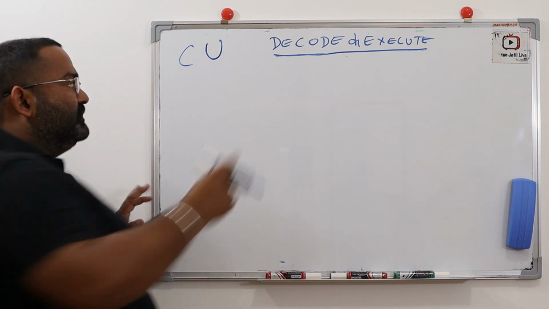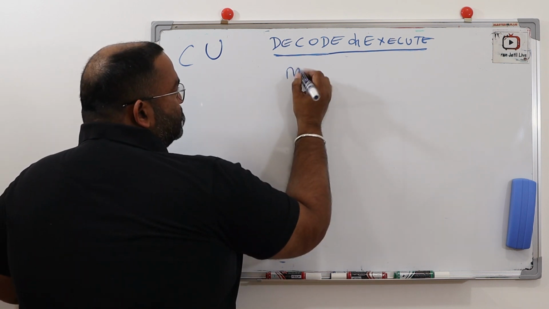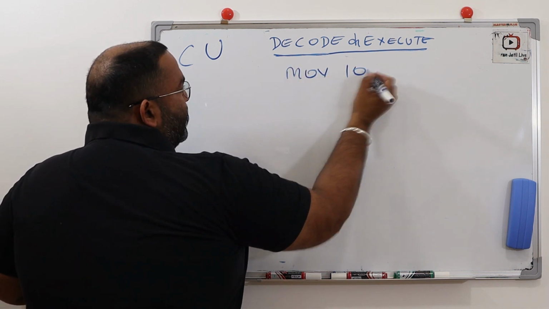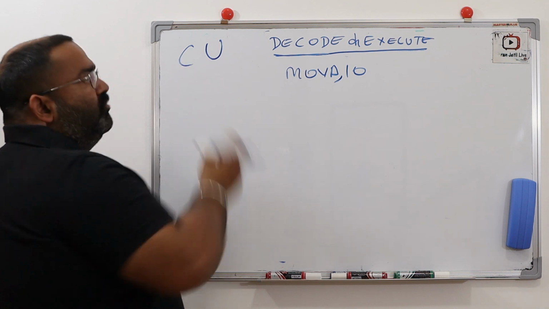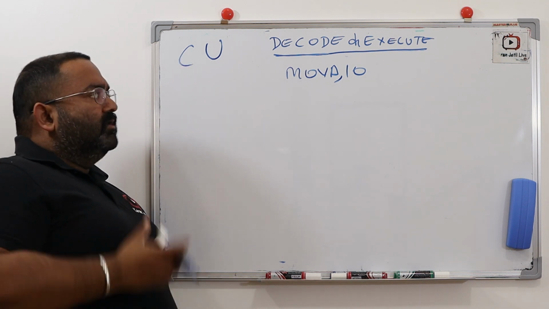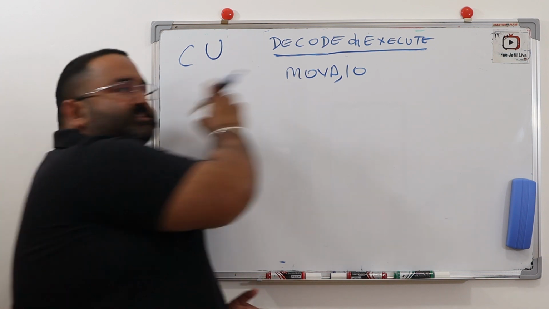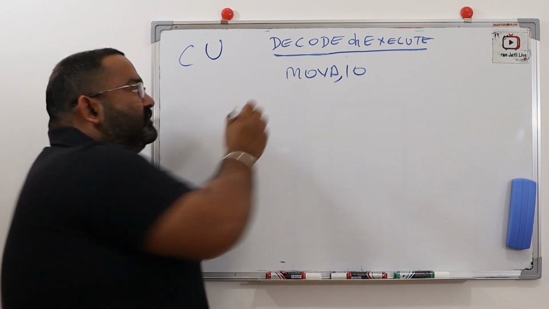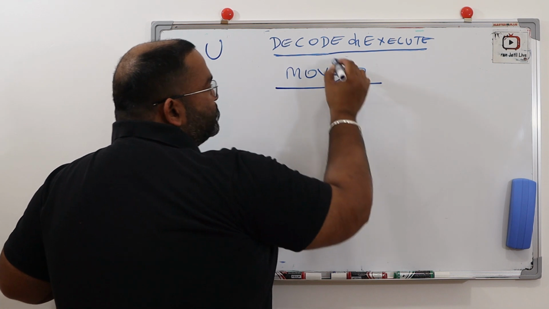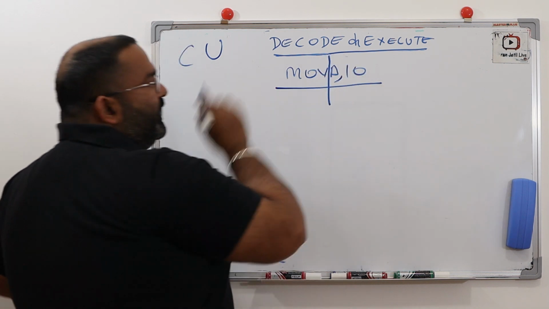Now suppose this was my instruction: Move A, 10. What will the control unit do? When it gets this instruction from the instruction register, it divides the instruction into two parts.